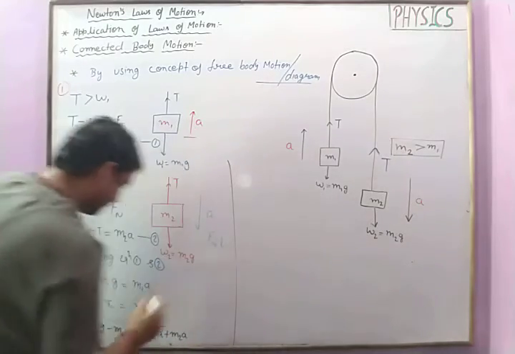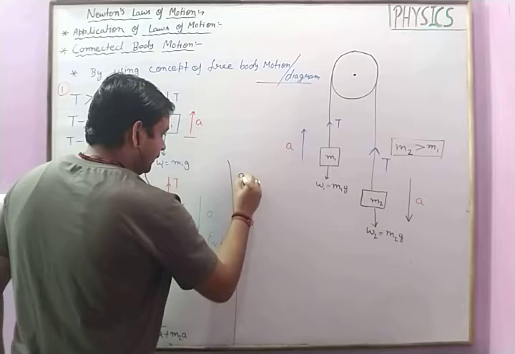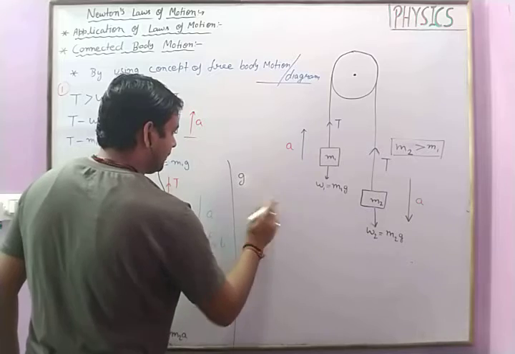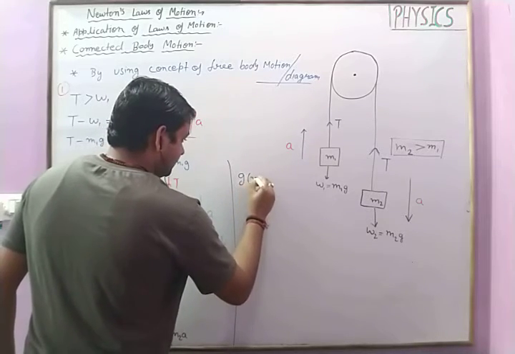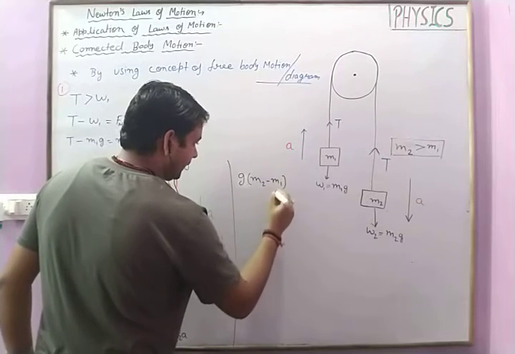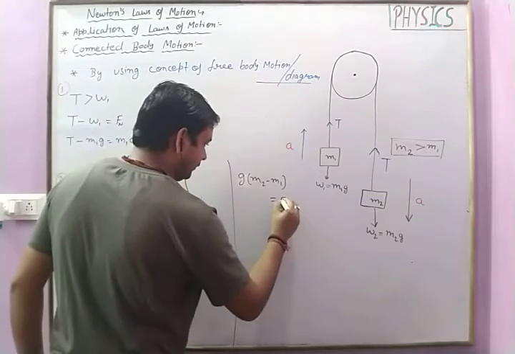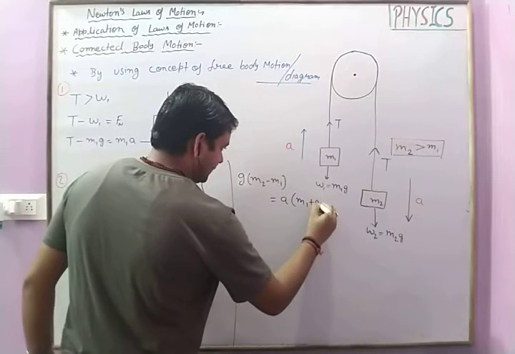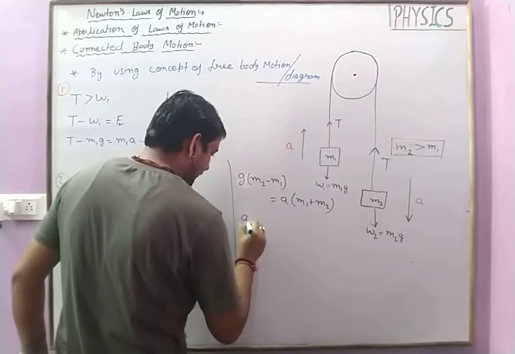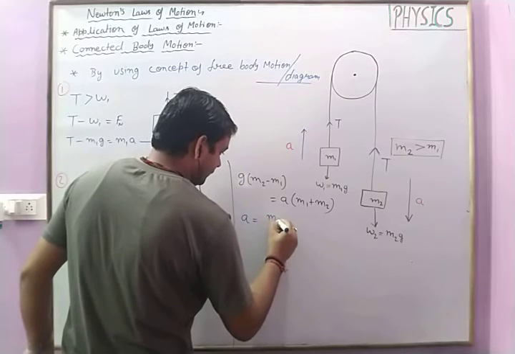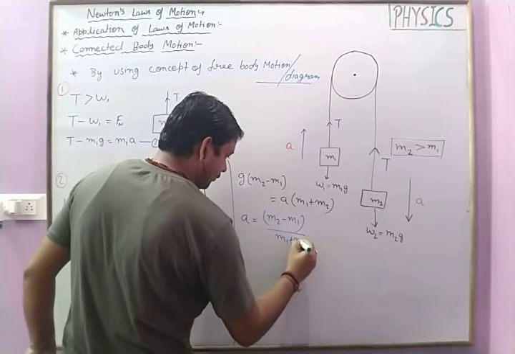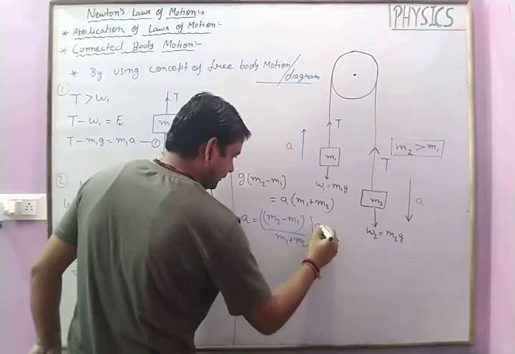From this, we calculate acceleration. By taking common, g is common from the left side, so (m2 minus m1)g is equal to, from here a is common, (m1 plus m2)a. Therefore, the acceleration gained by the body is a is equal to (m2 minus m1) upon (m1 plus m2) g.